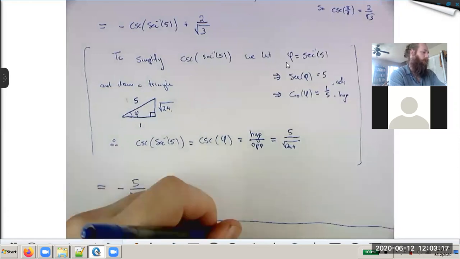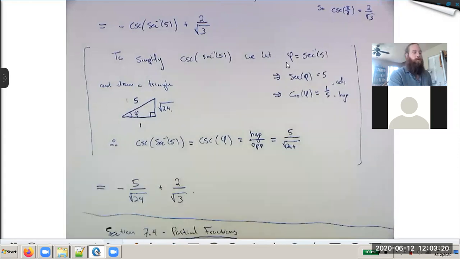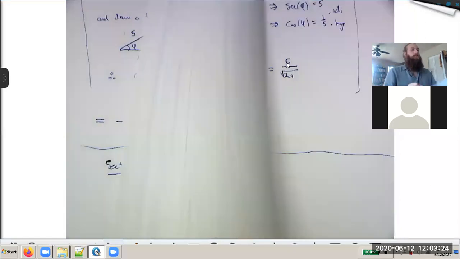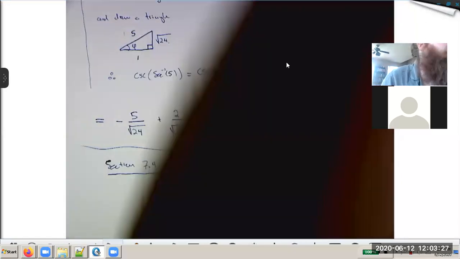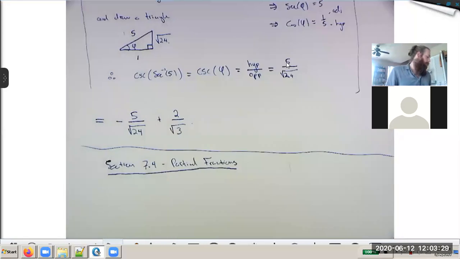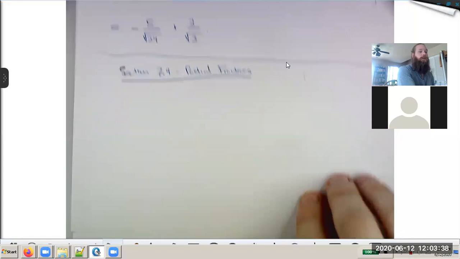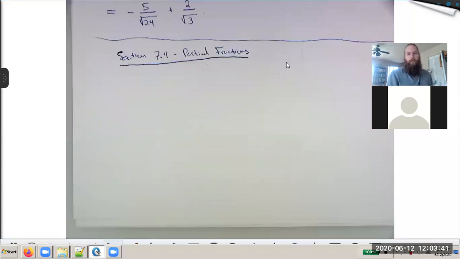And ideally, I would be able to say everybody learned partial fractions way back in pre-calc, and so I'm just going to rush into this, but that would be a horrible thing to do because not everybody learned partial fractions in pre-calc. Partial fractions is an algebra thing. It's not a calculus thing. We use it in the same way we use trig identities to help us with certain integrals, because it lets us rewrite integrands, the things we're integrating, in a way that makes them easier to integrate.